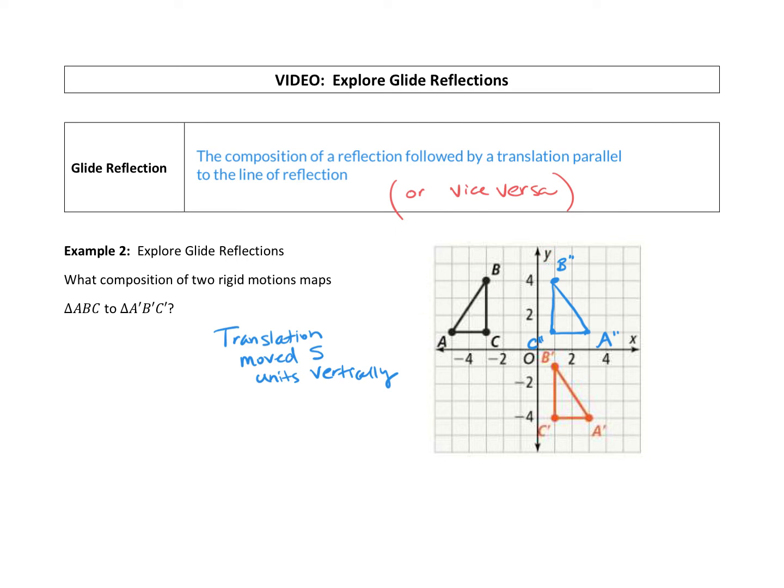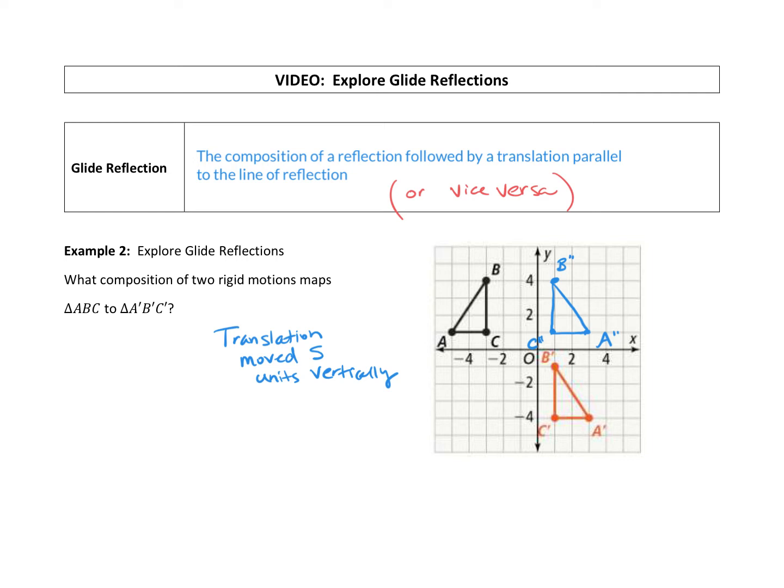One thing that you can notice is if you follow the vertices, A, B, C in order, see how A to B to C is a clockwise order right here? If I go A double prime, B double prime, C double prime, see how I'm going in the opposite direction? If that happens with the order of your vertices, that means that there is a reflection.